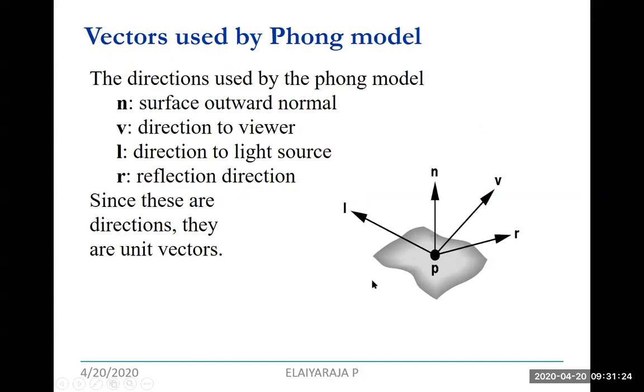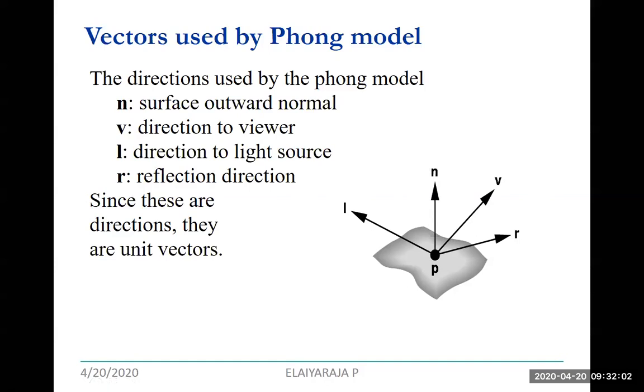Overall in the Phong model, the light source hits the surface and you check the direction of the viewer point, how it looks at the reflection. So n is the surface outward normal, v is the direction of the viewer, l is the direction to the light source, r is the reflection direction. Since these are directions, they are unit vectors.